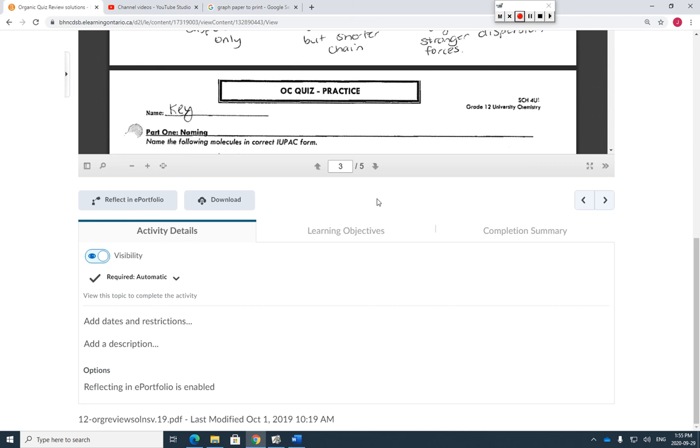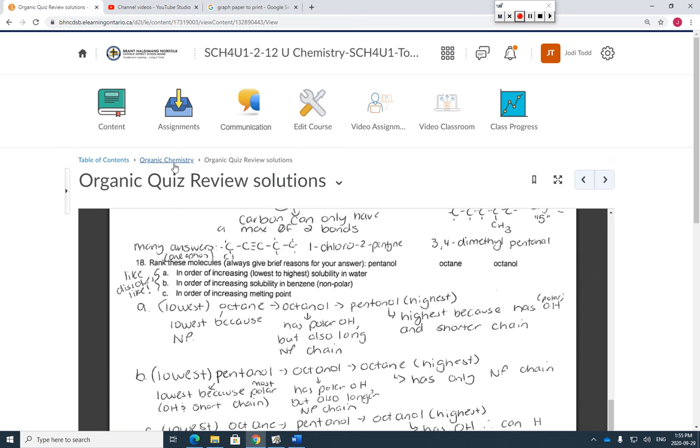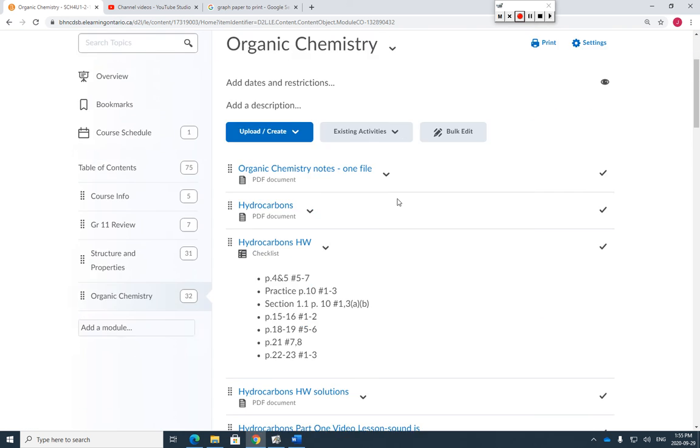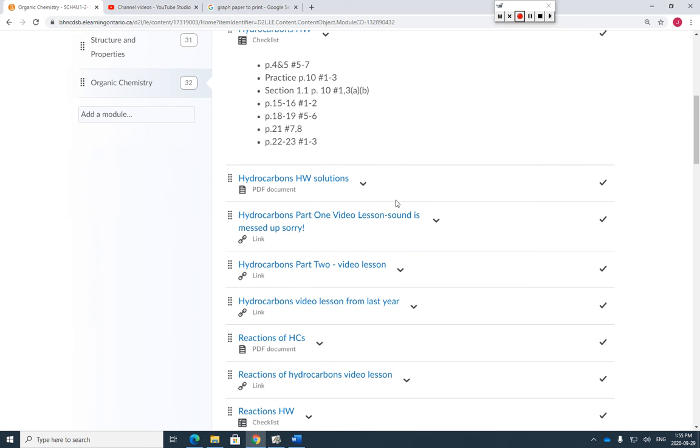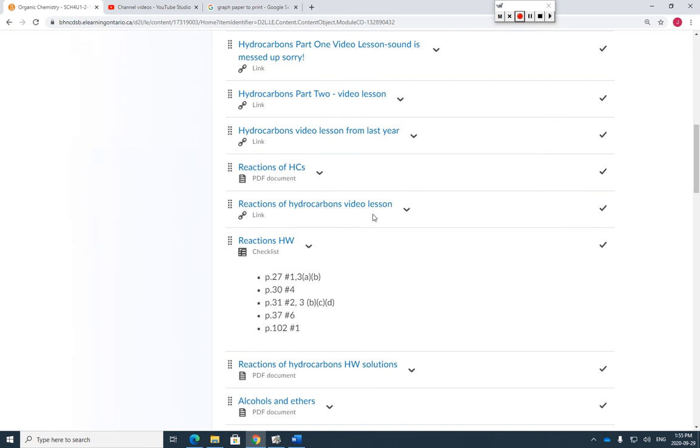Okay, so it's all in there. Also, it worked fine today. So underneath where it says reactions of hydrocarbons, that's where I put the video. So there'll be one for reactions of hydrocarbons, alcohols and ethers, aldehydes and ketones, and even the properties chart. Okay? If you want to rewatch it or whatever. But lots of time tomorrow, lots of time Thursday to ask questions.